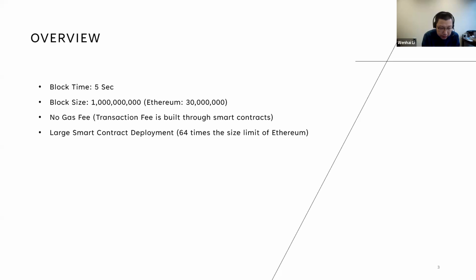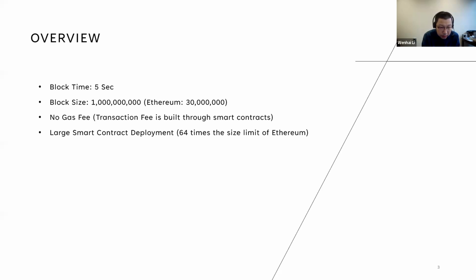That means that every 5 seconds there will be a new block generated, and the size of the block, as you can see here, is almost like 1 billion. Compared with Ethereum, we do have a much larger block size. So that means that a single block can handle much more transactions than Ethereum.